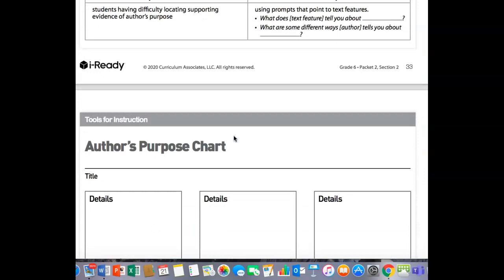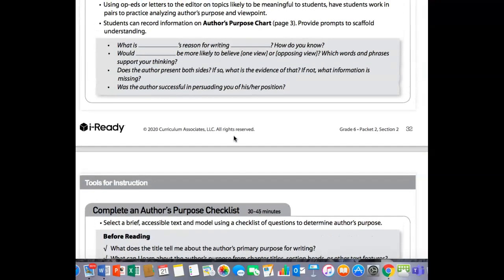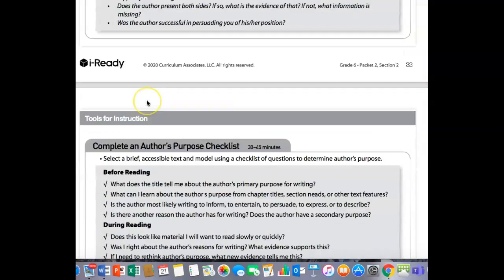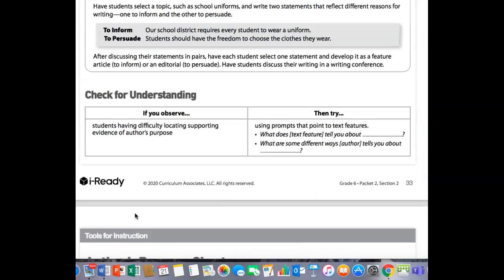What is the author's reason for writing, and how do you know? Then you will put that under details here.